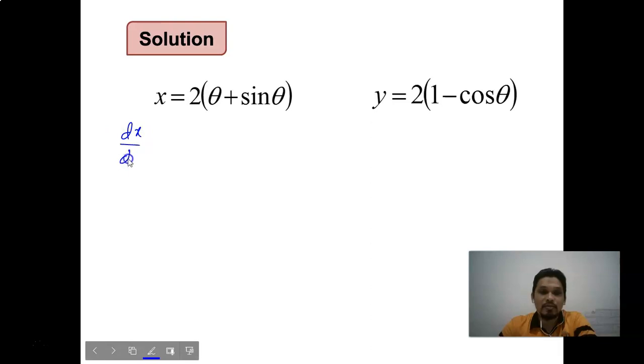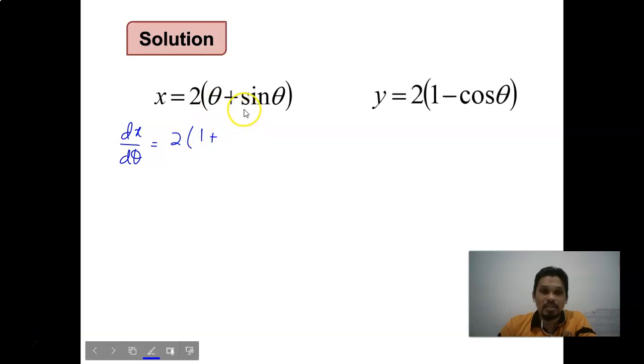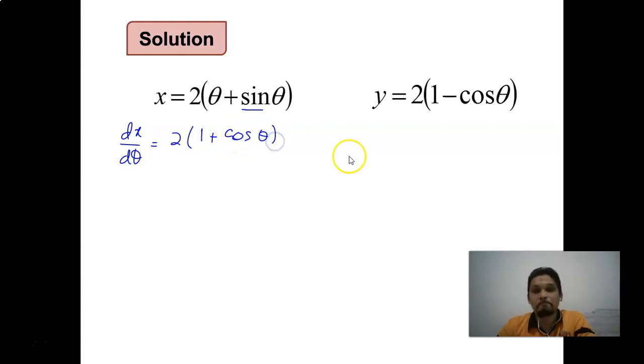Now, differentiate x with respect to theta. The derivative of x with respect to theta: 2 is a constant, differentiate theta to get 1, plus differentiate sine equals cos theta. And y equals 2 multiplied by (1 minus cos theta), so dy/d theta equals 2, differentiate 1 equals 0, negative, differentiate cos.